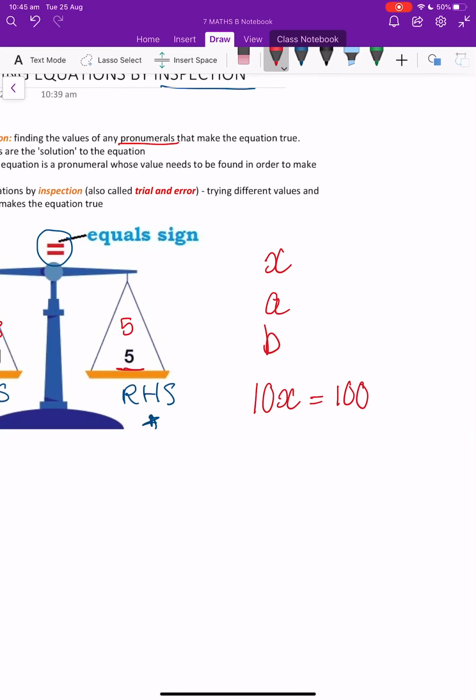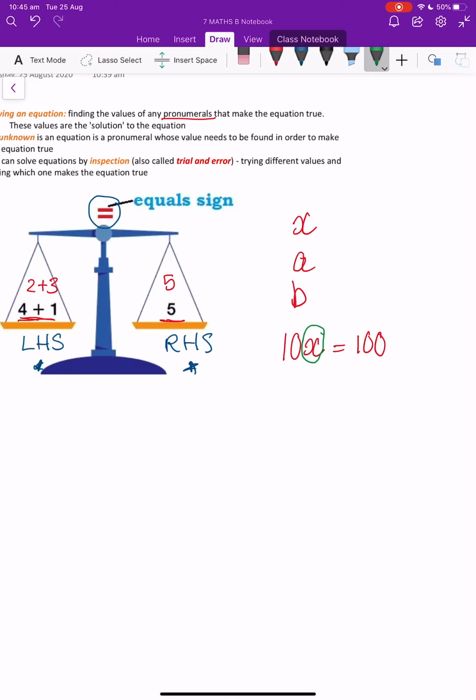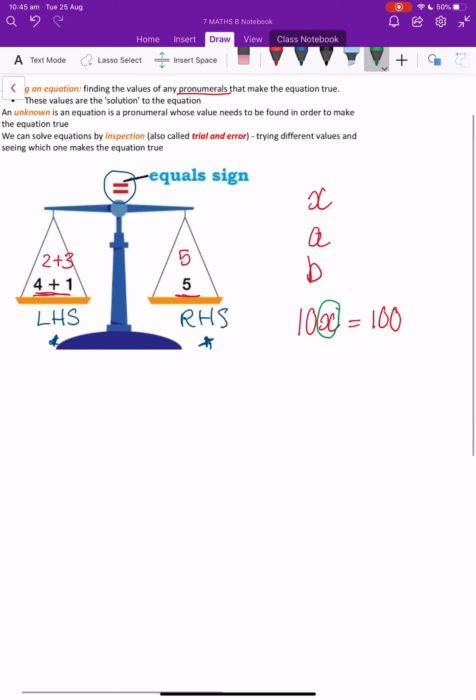When we solve equations, we actually find out what that pronumeral is that makes our equation true. And this little x, we call this the unknown because we don't actually know what it is, and what we do is we find out what the value is.